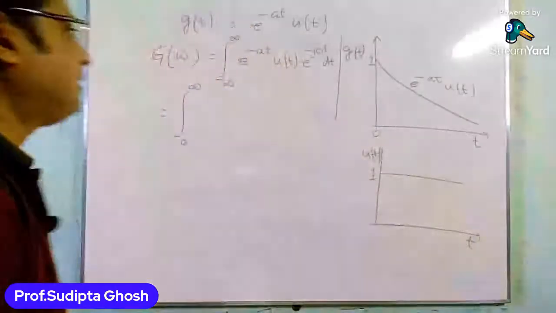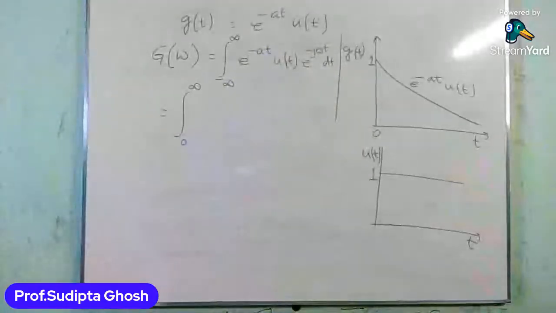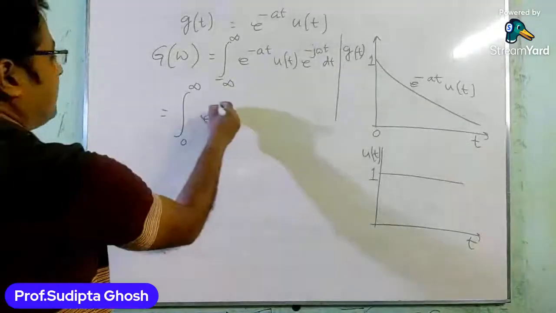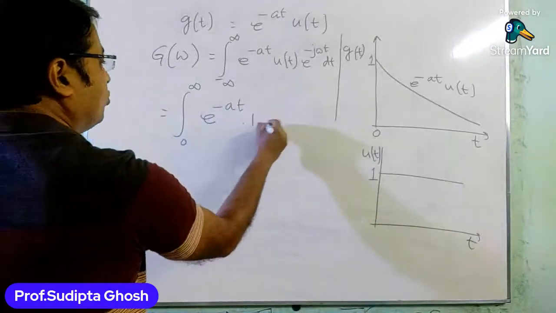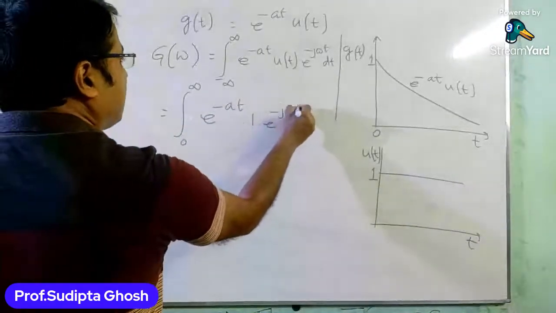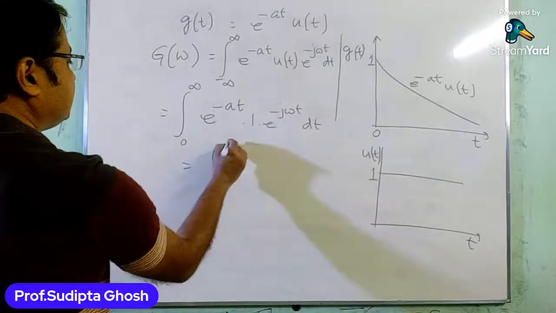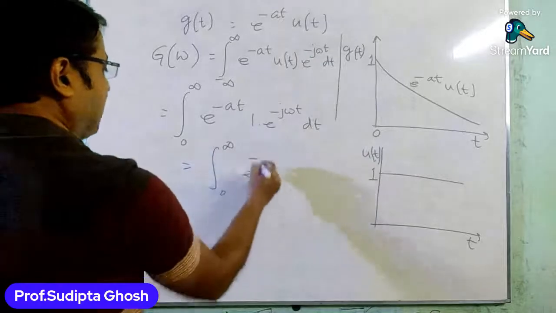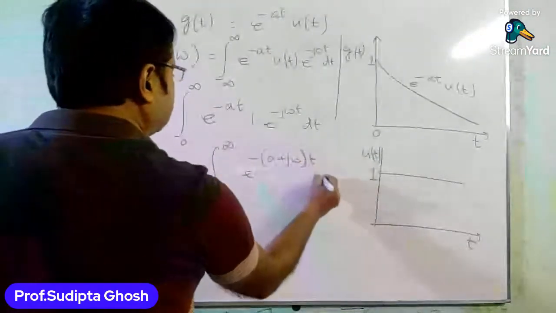So u(t) becomes 1, and the function reduces to e to the power minus a t into 1 into e to the power minus j omega t dt, and we can write it as the integral from 0 to infinity of e to the power minus (a plus j omega) t dt.